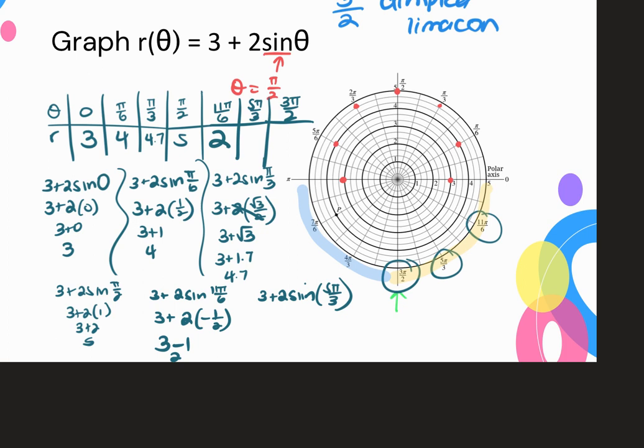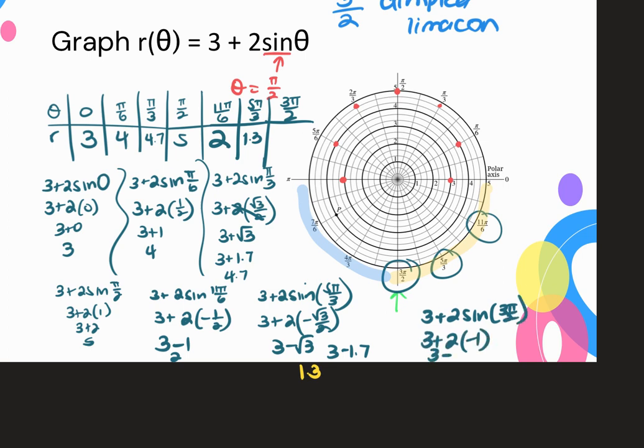What's the sine at 5 pi over 3? Negative root 3 over 2. So 3 minus root 3, which we're going to say is 3 minus 1.7. Good. And 3 plus 2 sine 3 pi over 2. What's the sine at 3 pi over 2? Negative 1. And 3 minus 2 is 1.